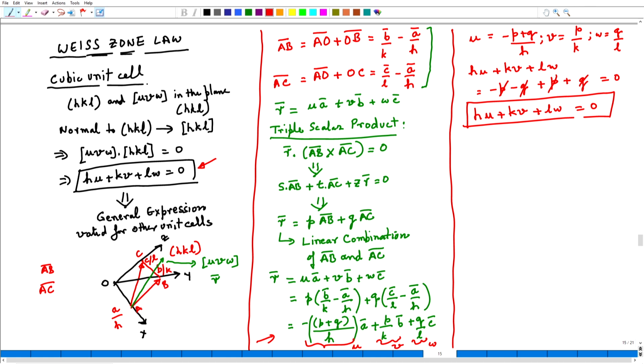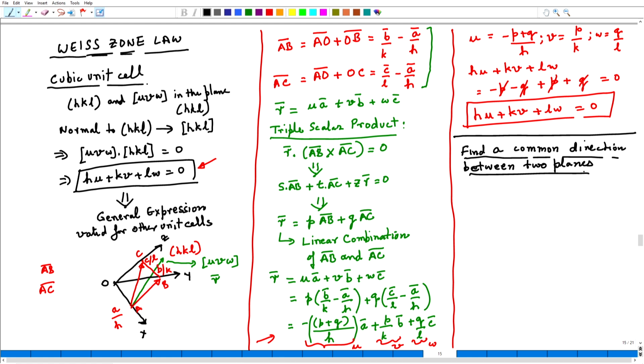Now, let us just take one application of this law. We can use this to find a common direction between two planes. That is essentially what we are trying to find, the line of intersection of two planes.